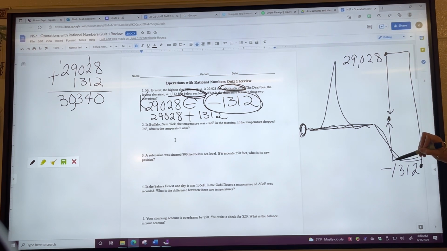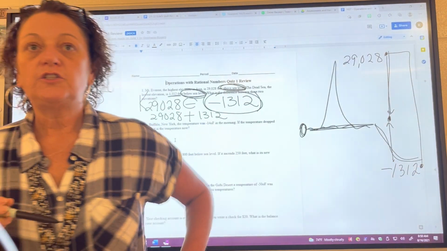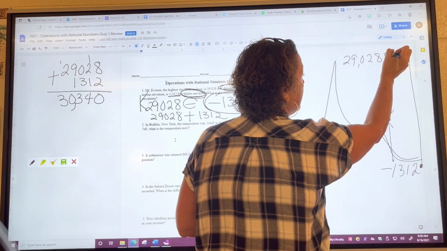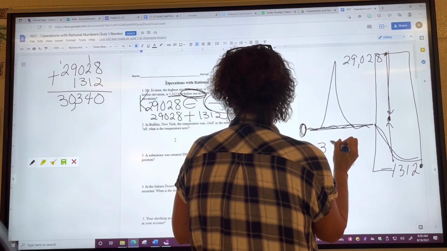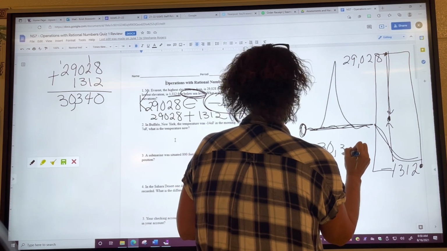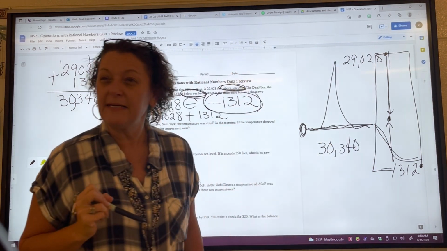So to get from here to here, I'm going to take 1,312 steps, right? To get from here to here, I'm going to take an additional 29,028 steps, right? So together, the difference from here to here is going to be 30,340. Does that make sense?